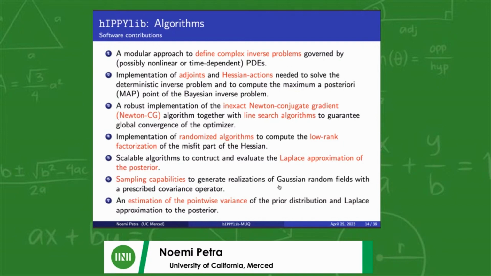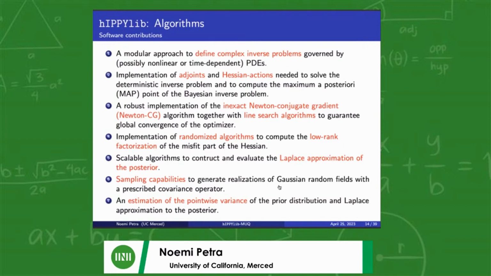And as I mentioned, we also construct and evaluate the Laplace approximation of the posterior. We also implemented sampling, so you can apply the square root of the inverse of the Hessian to random vectors and get samples from this Laplace approximation. And we also estimate the pointwise variance of the prior distribution and the Laplace approximation of the posterior.